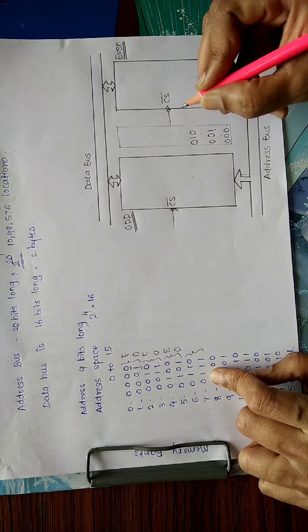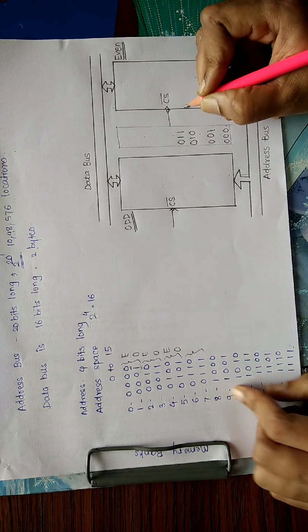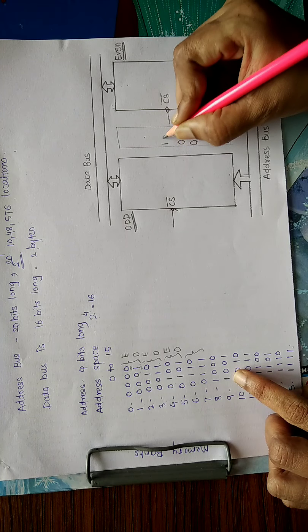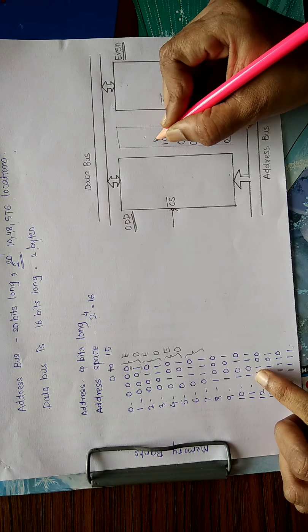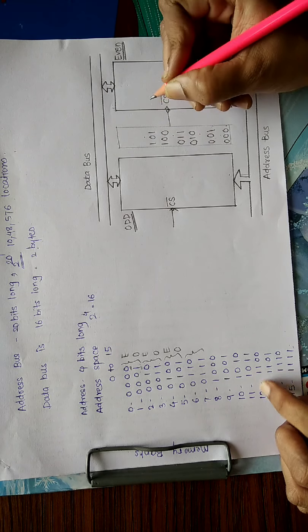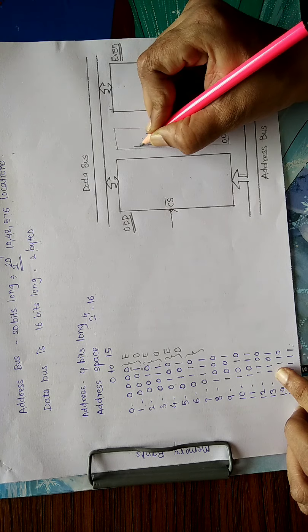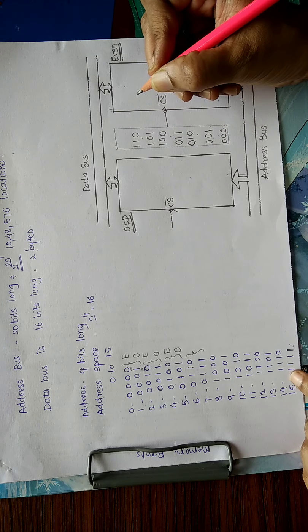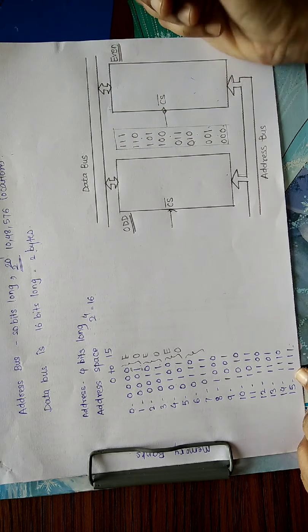For 6 and 7, the upper bits are 011. For 8 and 9, 100. For 10 and 11, 101. For 12 and 13, 110, which are common. For 14 and 15, the common bits are 111.